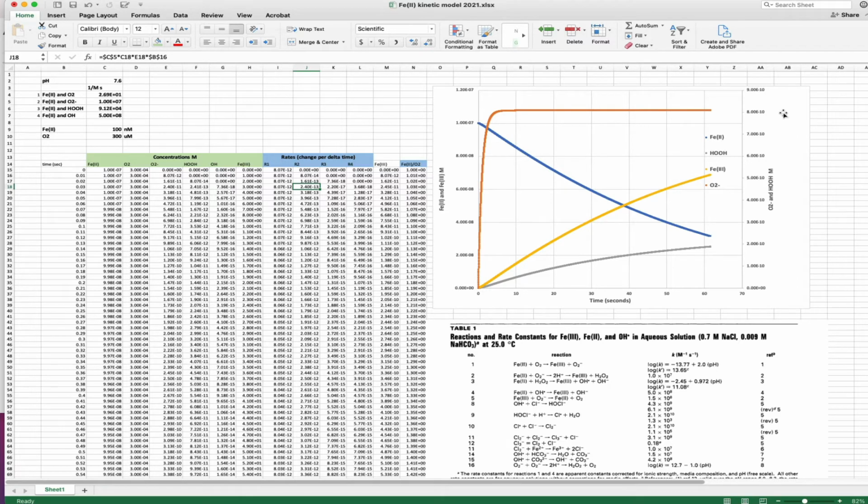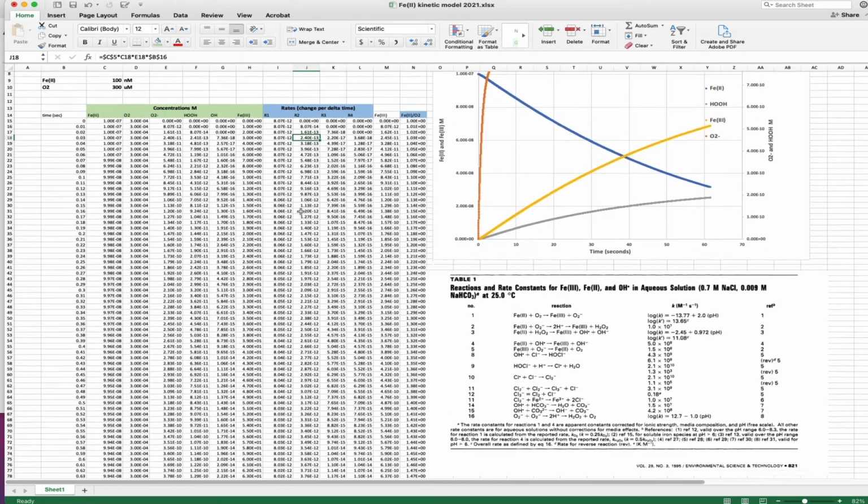So not a lot of superoxide in there because it is much more reactive, so you don't need as much to give you the same rate. What ends up happening is you see these rates right here, 8 times 10 to the 12, 5 times 10 to the 13. Well, let's scroll down.